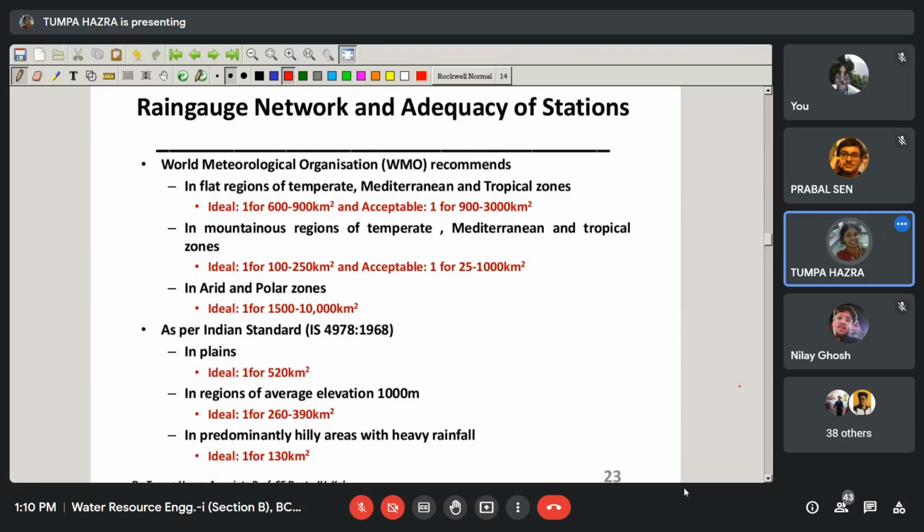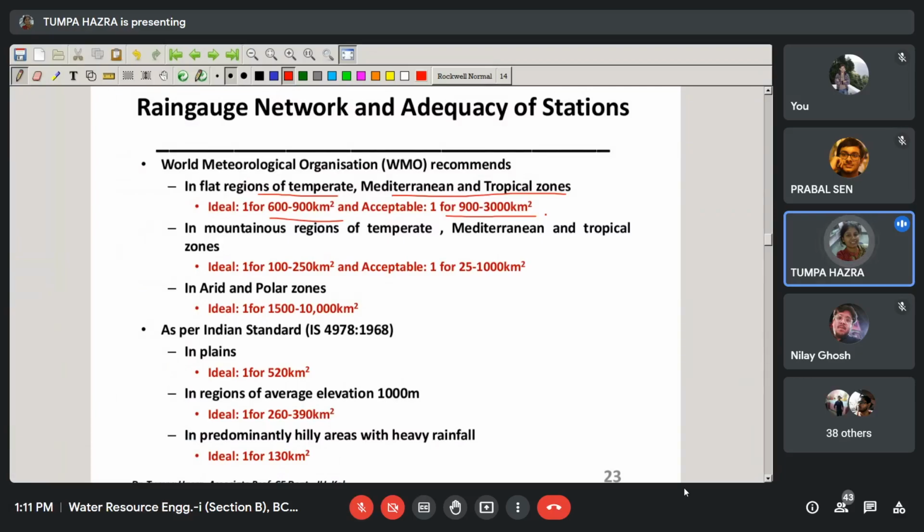Now the World Meteorological Organization has already recommended some number of rain gauge stations. They have told that if it is a flat region of temperate, Mediterranean and tropical zones, then ideal is one for 600 to 900 square kilometer and acceptable is one for 900 to 3000 square kilometer.